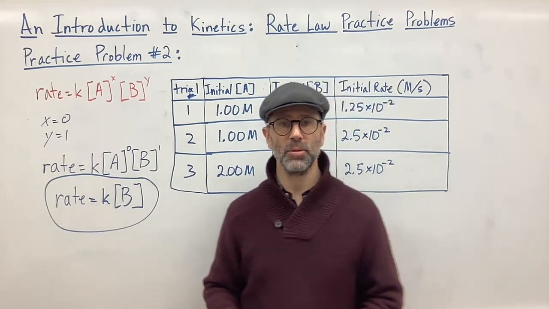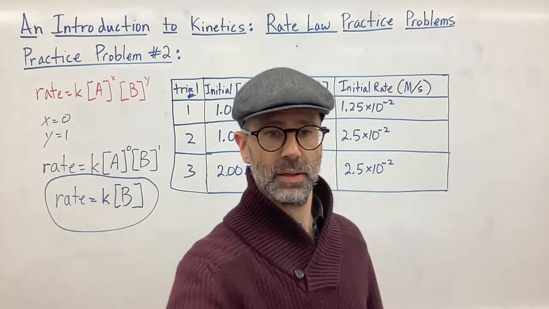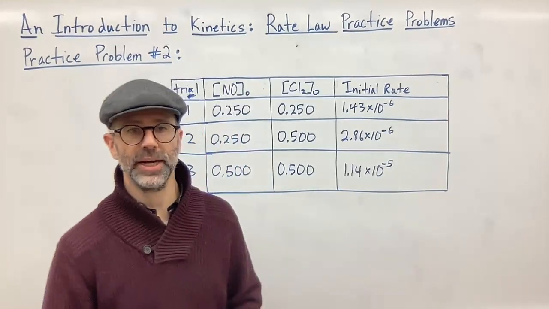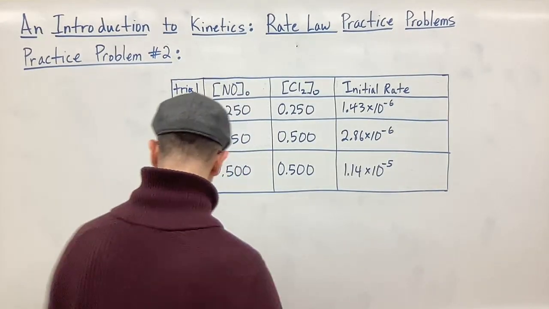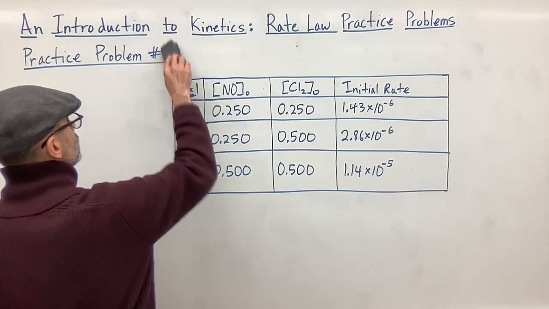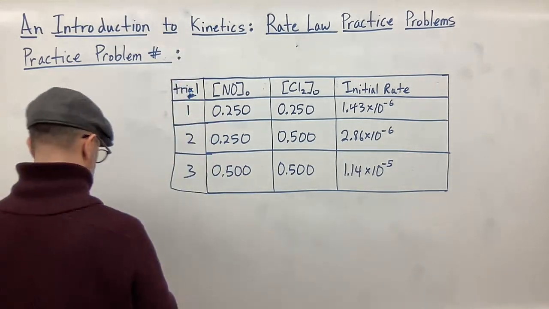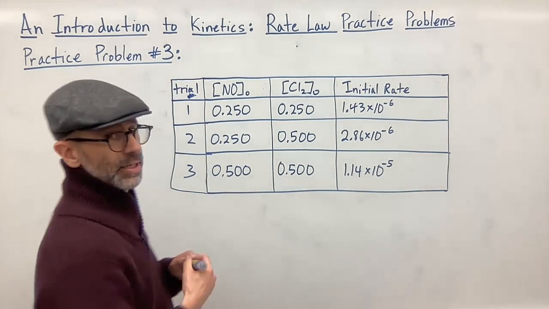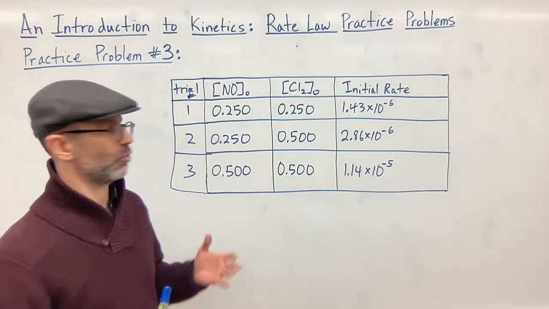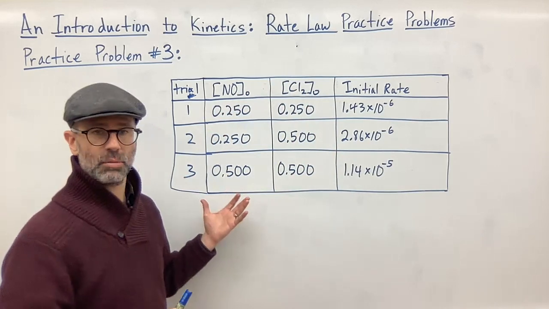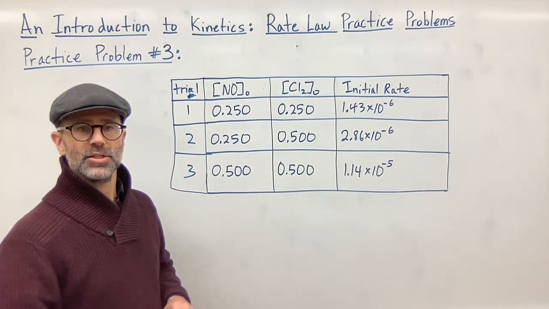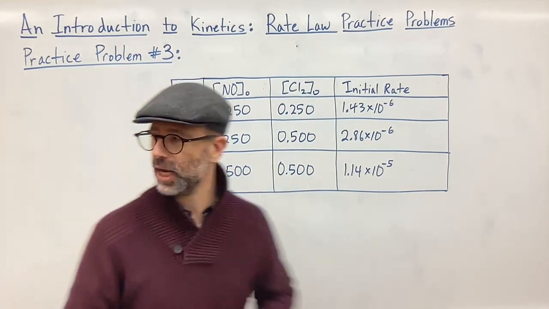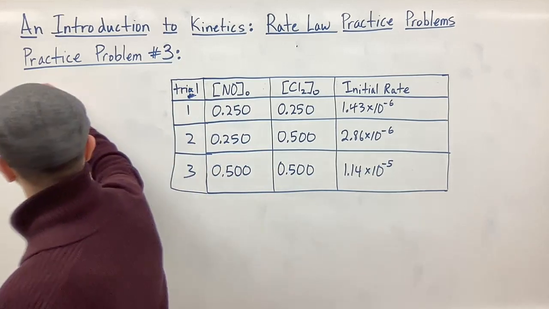Let's move on to problem number 3. Okay, here we go with problem number 3. So let me change this to a 3. And again, we're not given any chemical reaction, we're just given the data table, and that's all we need. So let's first write down our skeletal reaction rate expression.